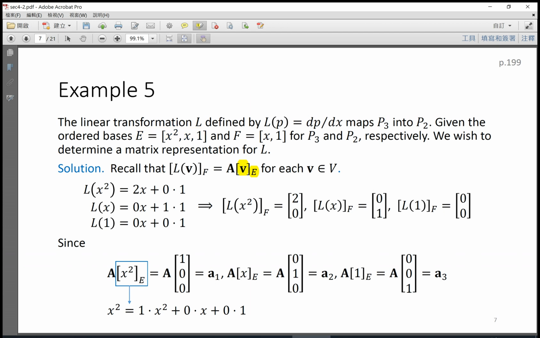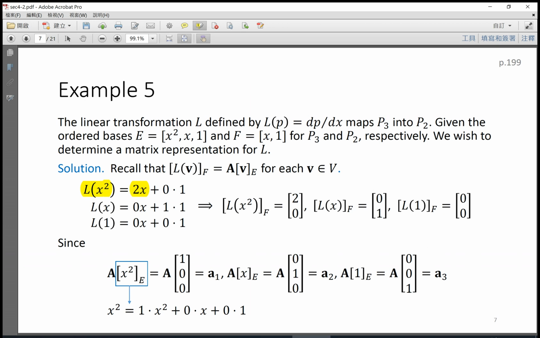We want to compute the coordinate of L of x squared with respect to F, and we also want to compute the coordinate of L of x with respect to F, and we also need to compute the coordinate of L of 1 with respect to F. First, we compute L of x squared. Because L is the differentiation operation, L of x squared equals 2x.